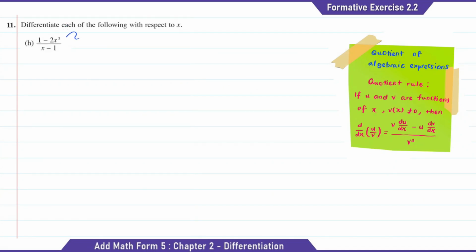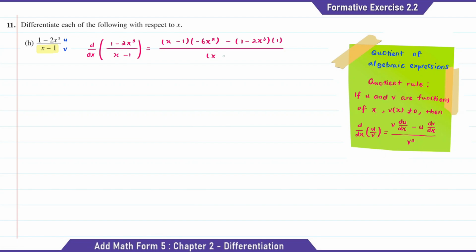Question H. This will be the u and v. Using the quotient rule, first copy the v, x minus 1, then differentiate the u, which is negative 6x squared, minus copy the u, 1 minus 2x cubed. Then differentiate the v, which is 1, over v squared, x minus 1, squared.